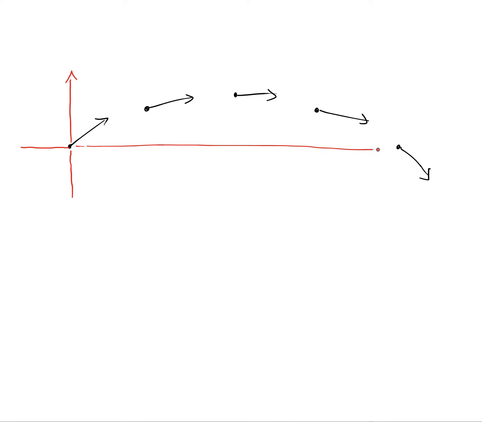All right, so solving this hinges on the y displacement being 0. Because it starts off at y equals 0 and comes back to y equals 0. So that means that the delta y for the flight will be 0.